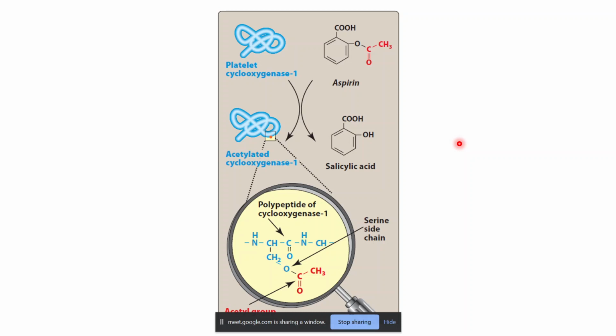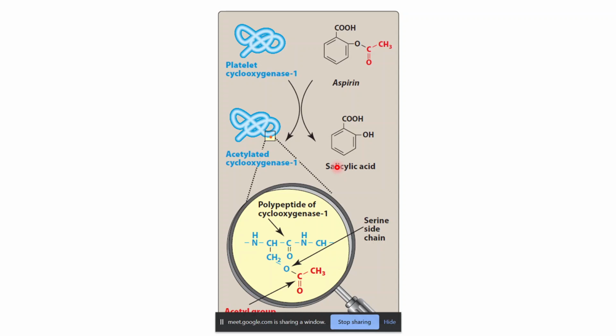Because it's a very common drug, aspirin is taken orally, and it's metabolized to salicylic acid in the liver, and salicylic acid is excreted by the kidneys.